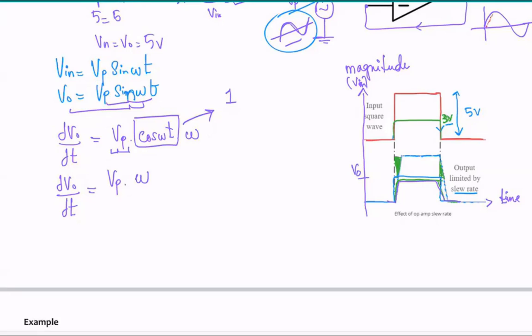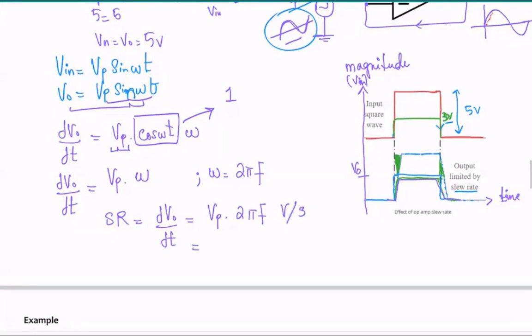And then we know that omega is basically 2 pi f. So if I put this equation in the equation on the left, slew rate equals dV naught over dt, the change in output voltage over a period of time, equals Vp times 2 pi f, and this is expressed in volts per second.